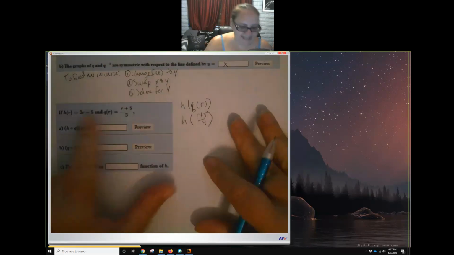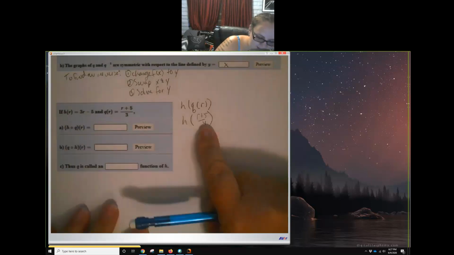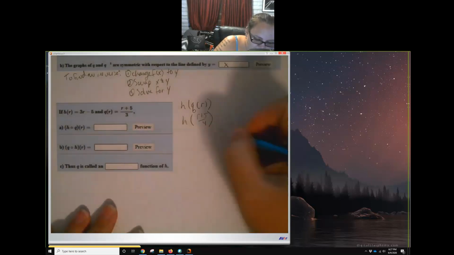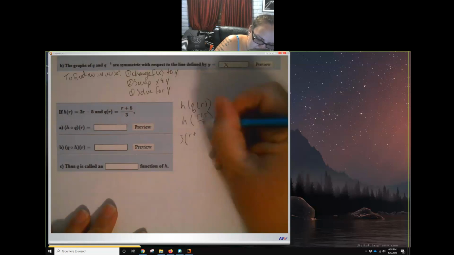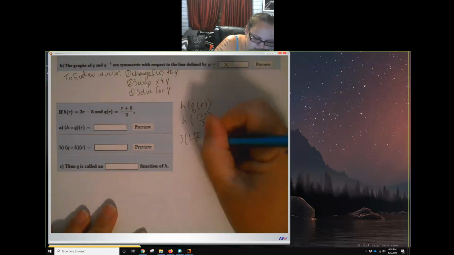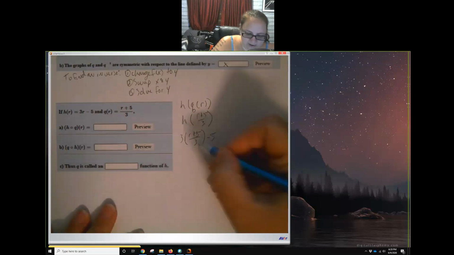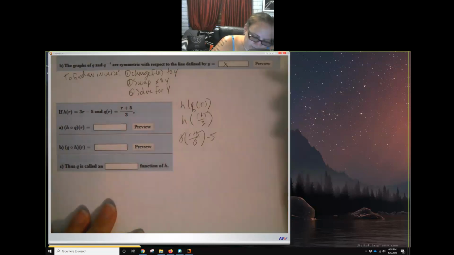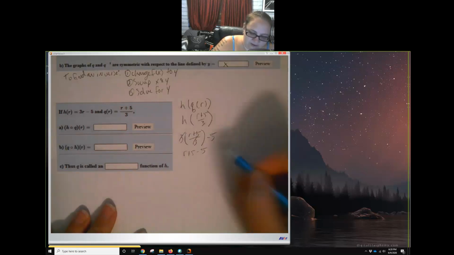And so I'm going to take the r in h, and I'm going to replace it with this. So that becomes 3 times, oh, that should be a 3. R plus 5 over 3 minus 5. And then here, the 3's will cancel. And I'll have r plus 5 minus 5. And then the 5's will cancel, and I will have just an r.